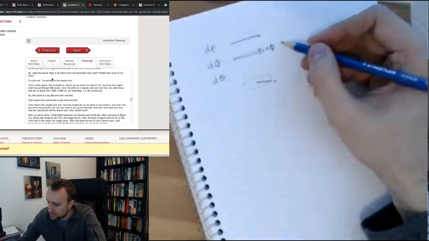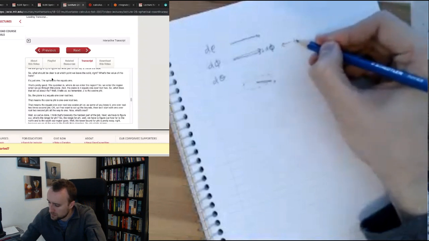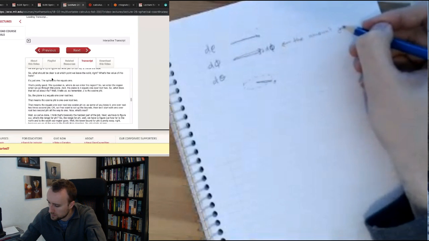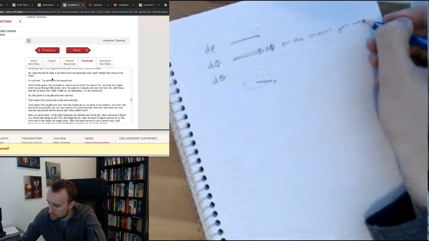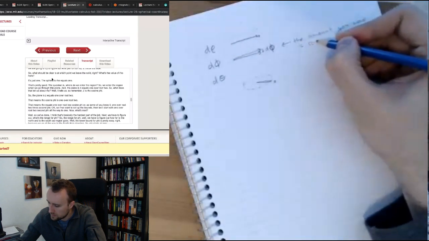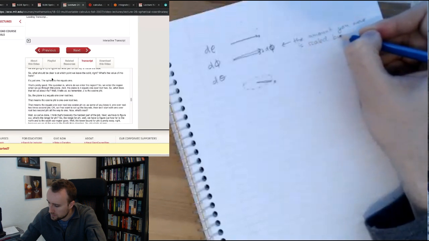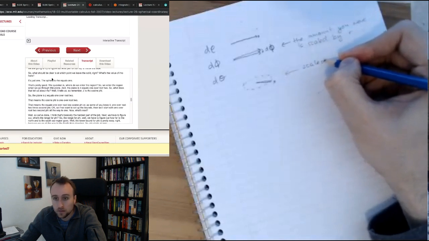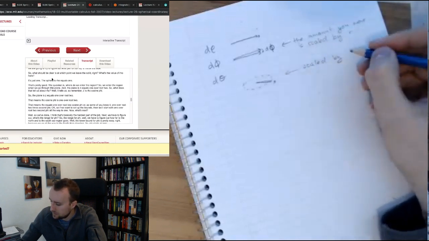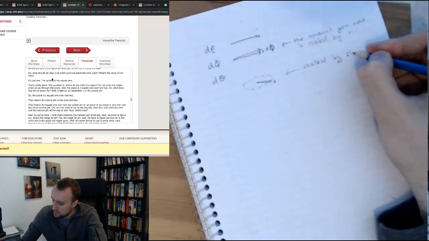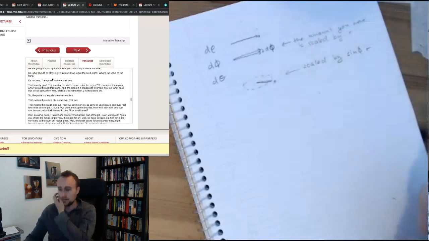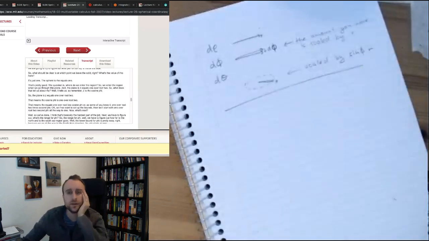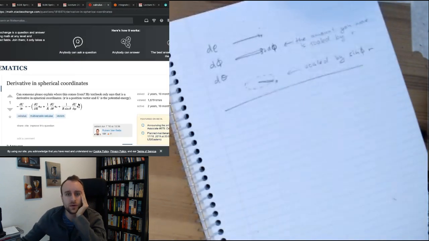So this one, and then yield by, but we were trying to figure out for integration what's going on here.